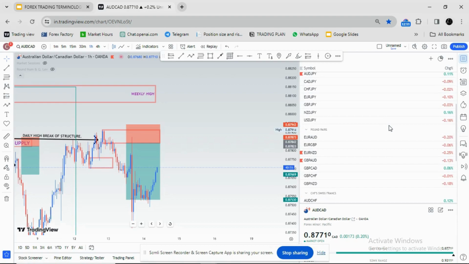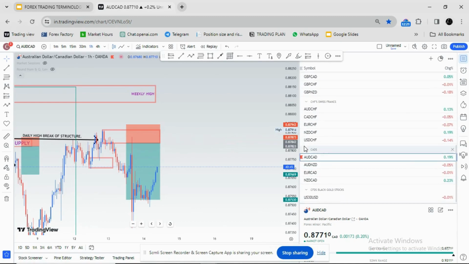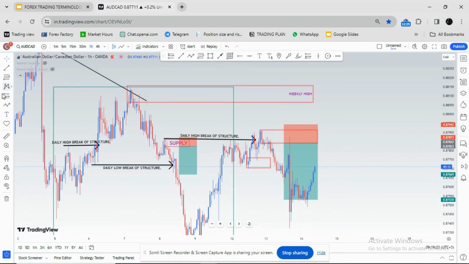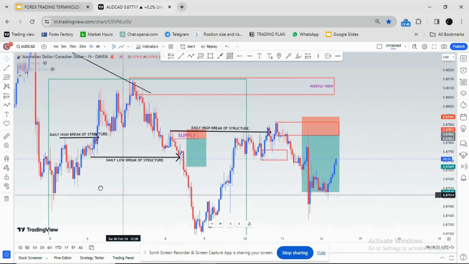For me, I deal with a lot of them, almost all of them. If a pair is going to give me a trade, I normally put it on my red list, and then I'm going to look or focus on it, right? After that, this is where you get the tools that I am using to draw over this. And this one is a candlestick chart. This candlestick chart is basically what we do.